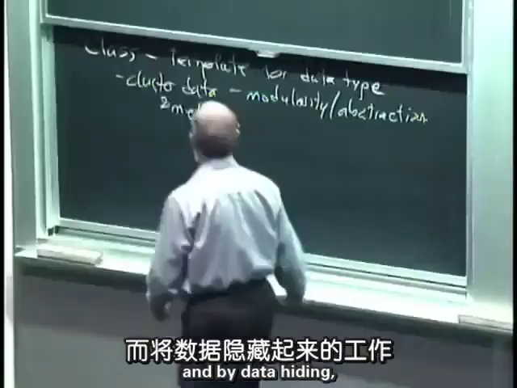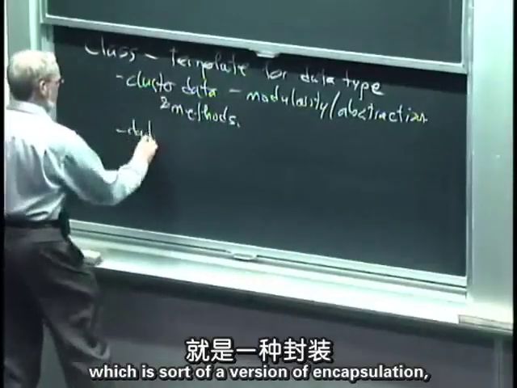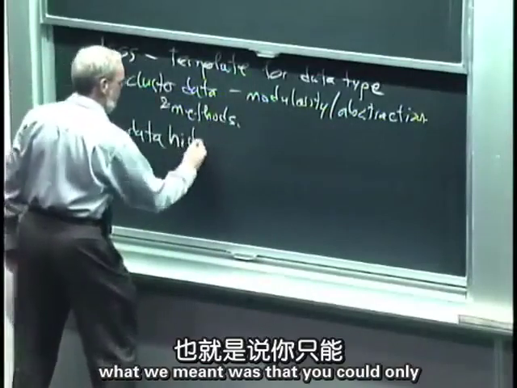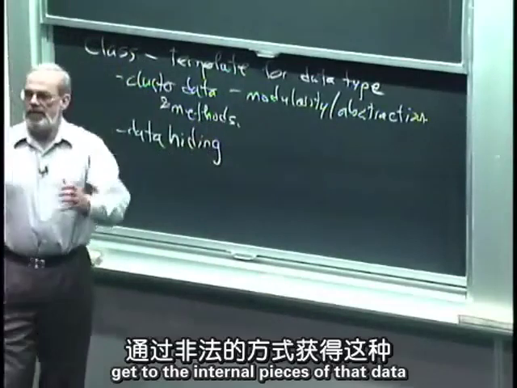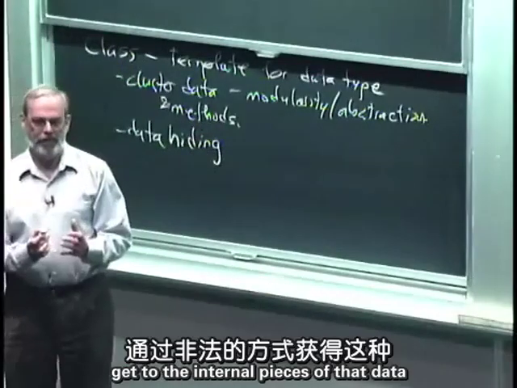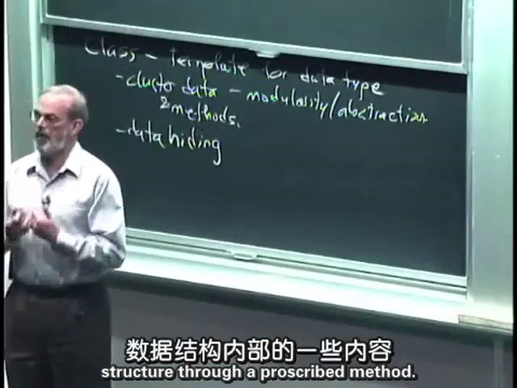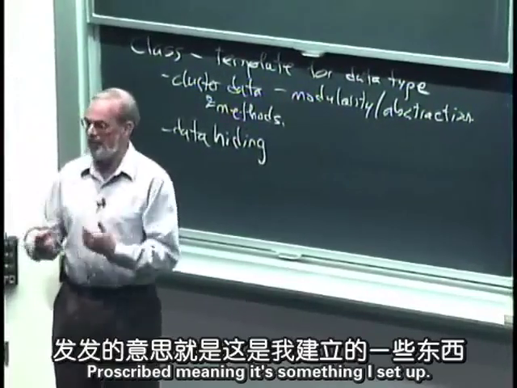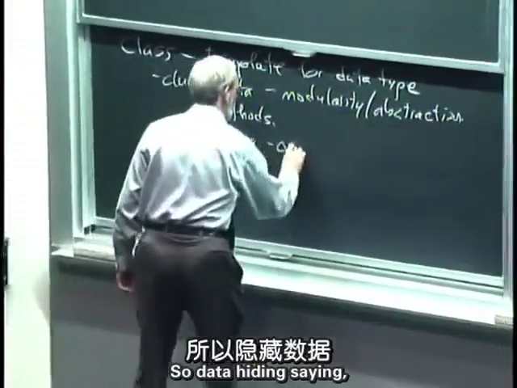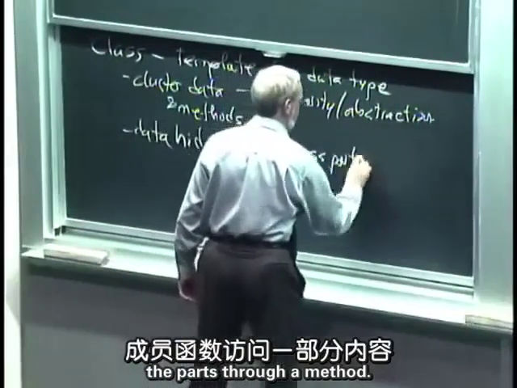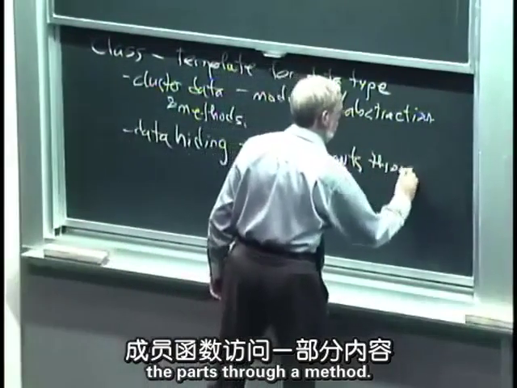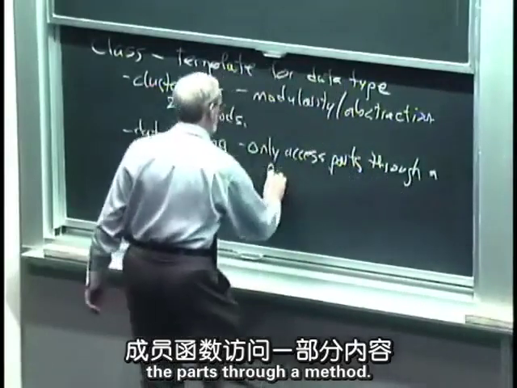And by data hiding, it's a sort of a version of encapsulation. What we meant was that you could only get to the internal pieces of that data structure through a proscribed method. Proscribed meaning it's something I set up. So data hiding saying you would only access the parts through a method.